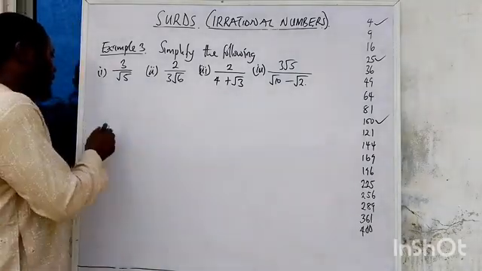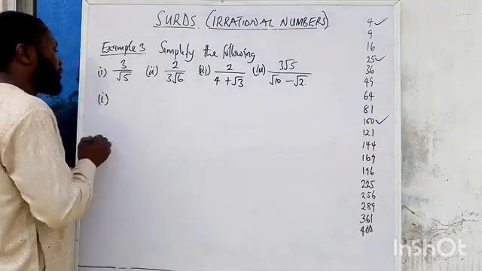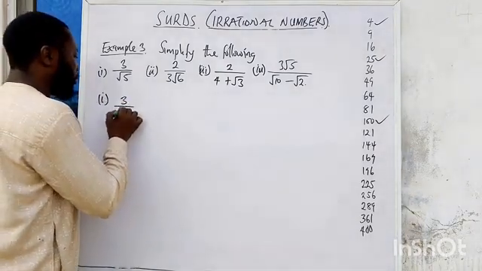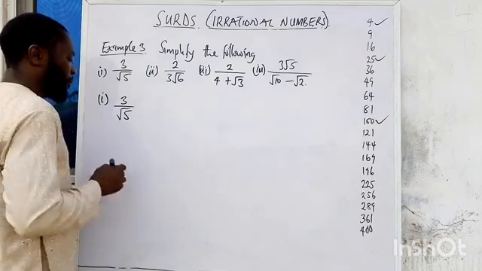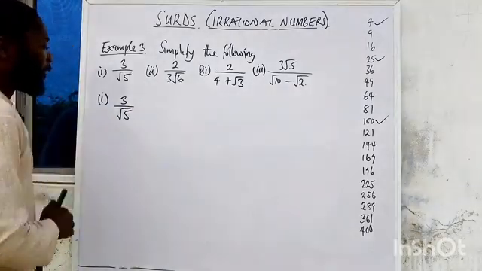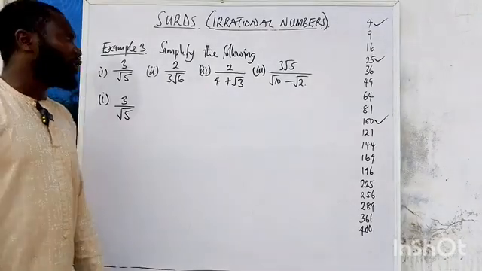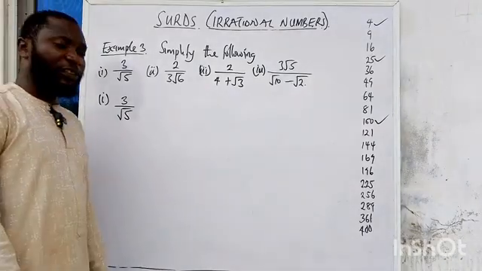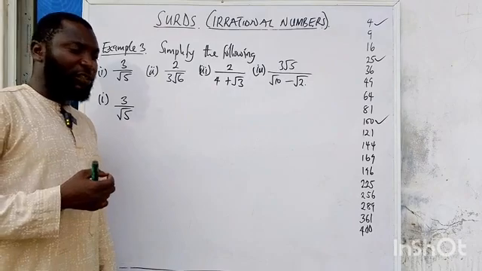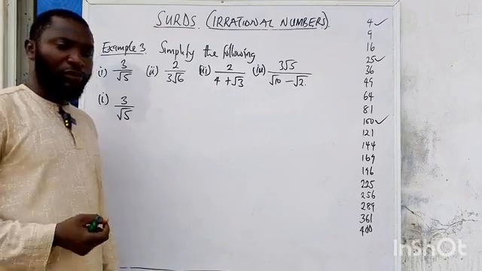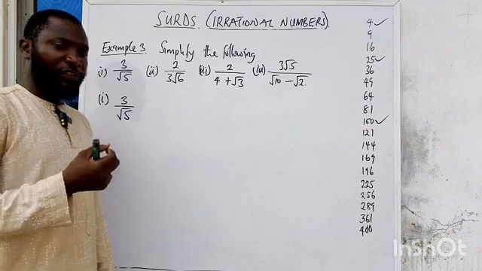Now let's take them one after the other. Question number 1, we have 3 divided by square root of 5. We have to simplify this, because one thing about this topic is you will not be told the method or the procedure to use.